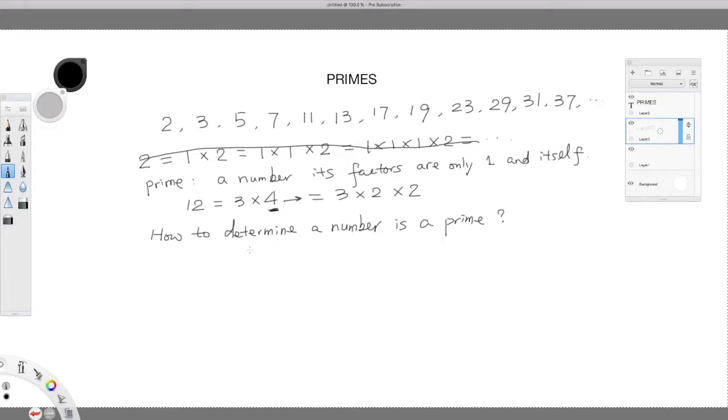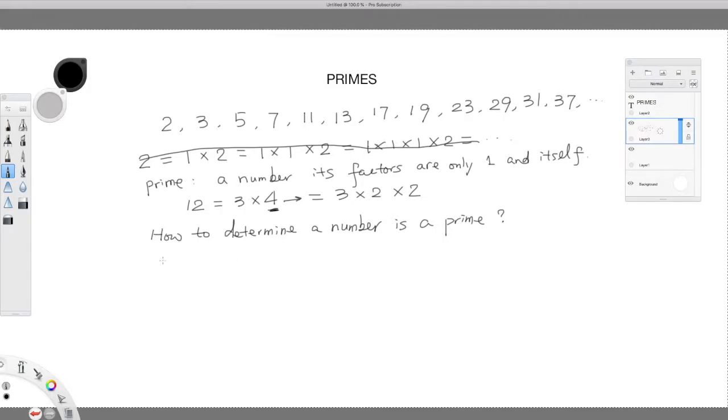We're going to check if such a number has any factors other than 1 and itself. And that seems really the only way. Okay? But to do that, there are certain observations we can make to make this process a little bit more efficient than checking all the numbers below that number.